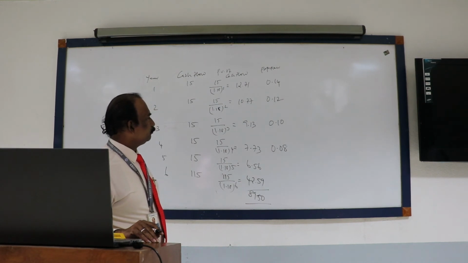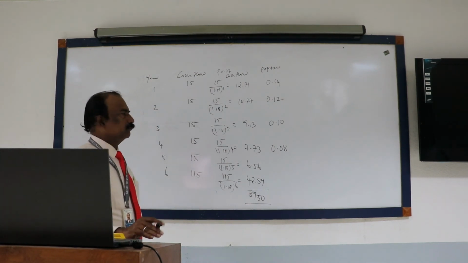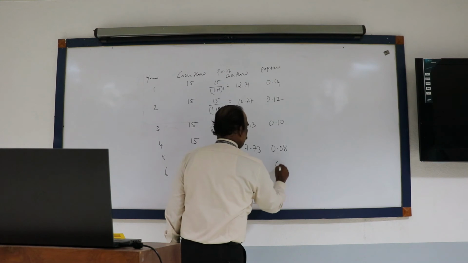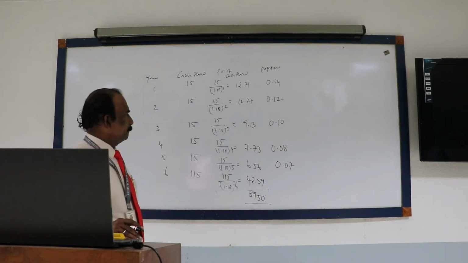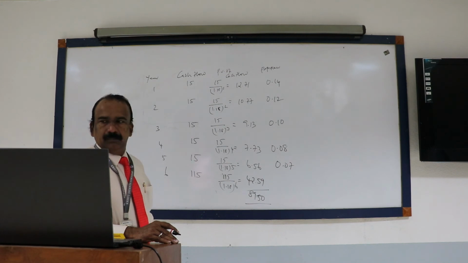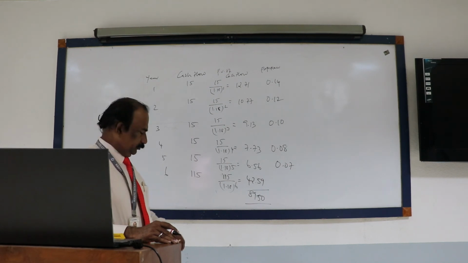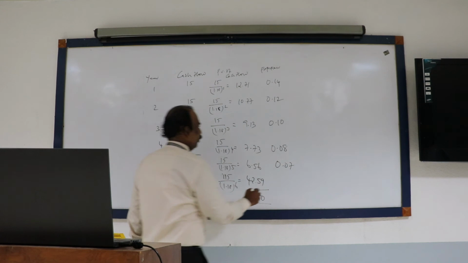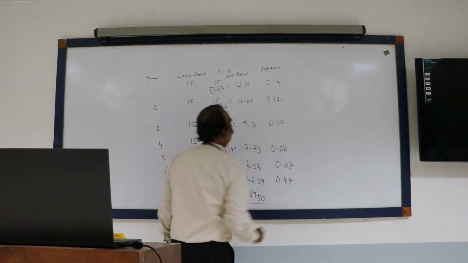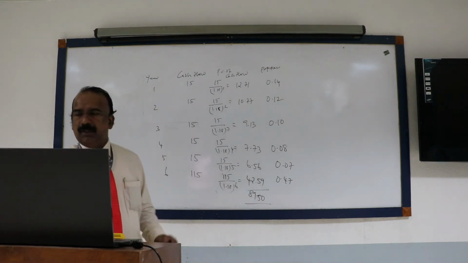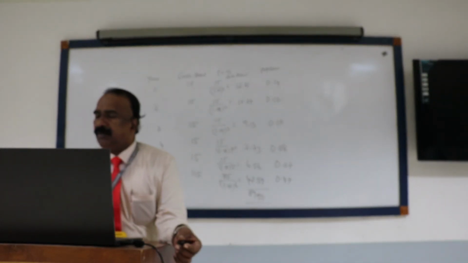Fifth one, 0.07. Last one, 0.47. Now multiply the proportion with the year.